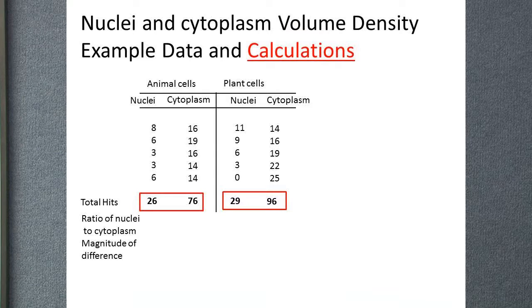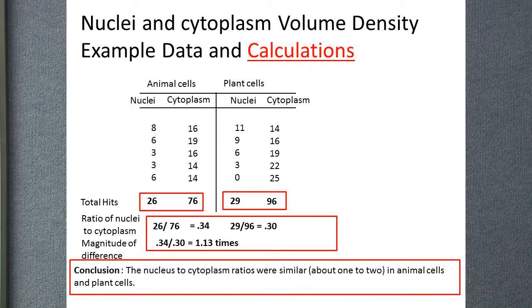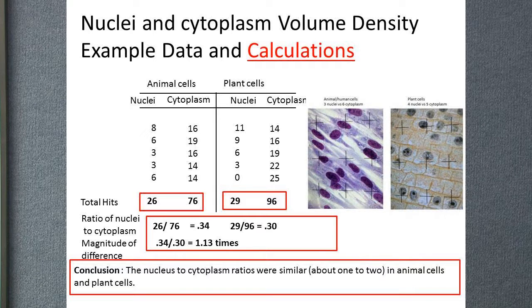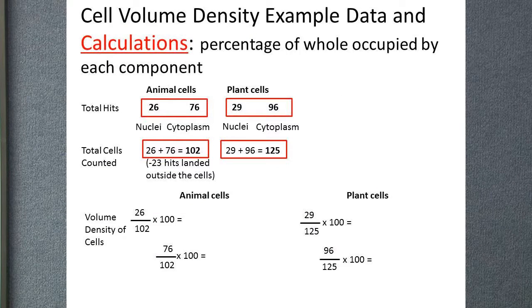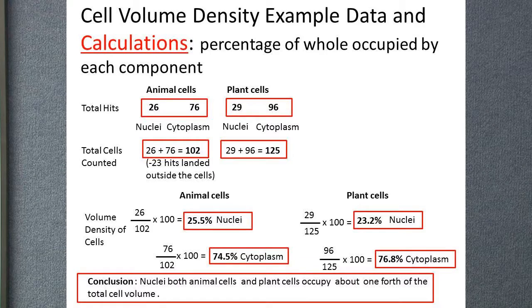When we do that on a series of ones, we see there's 26 nuclei that touch the crosses in the animal cells and 29 in the plant cells. When we look at the magnitude of difference between these, we see that they're very similar. It's about 1. So from that, if we did the experiment, we would conclude that the ratio of nucleus to cytoplasm is about the same for both of these.